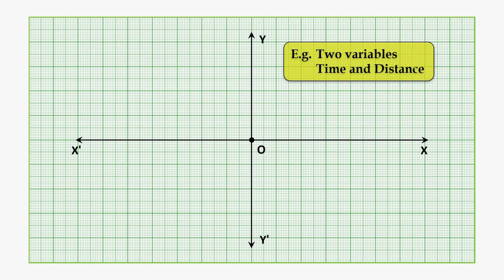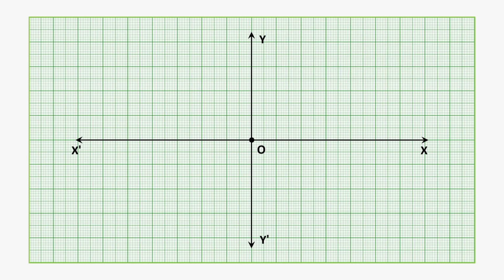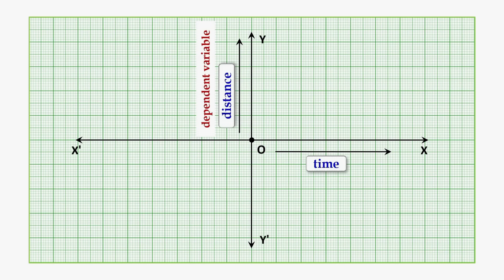Let us take a common example, time and distance. Here, time is the independent variable because time keeps moving forward on its own. So, time is taken on the x-axis. Distance depends on time. As time increases, the distance traveled also increases.